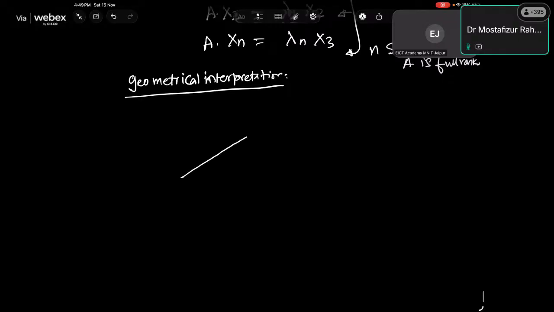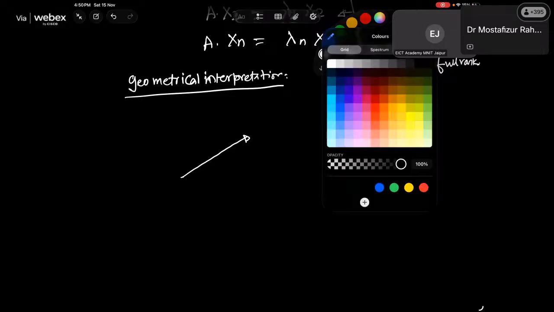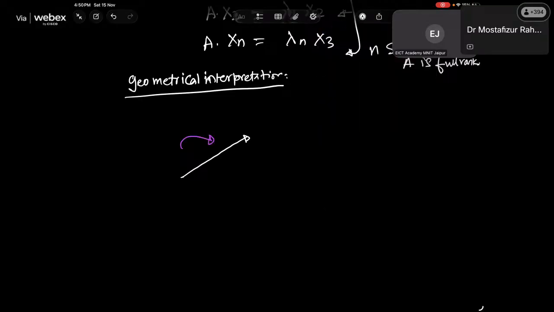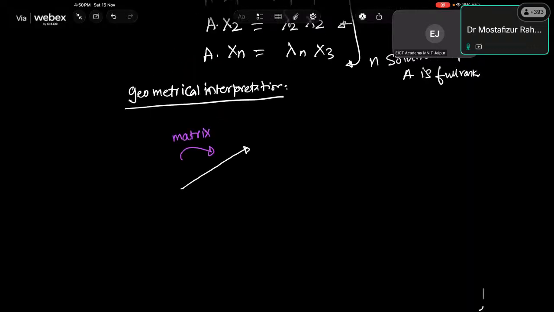Suppose this is your vector, and you apply a matrix A to the vector.